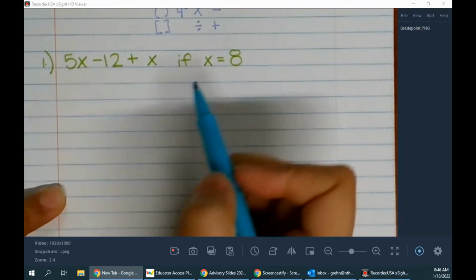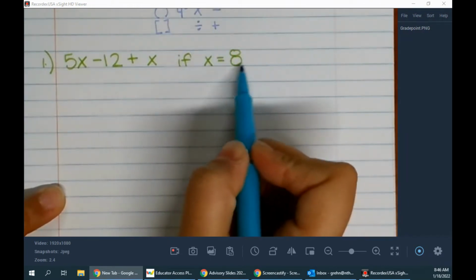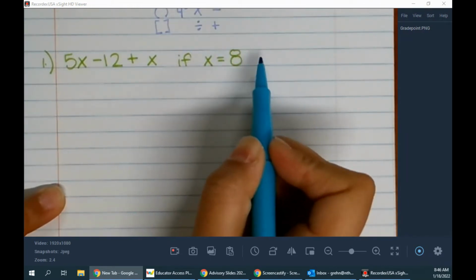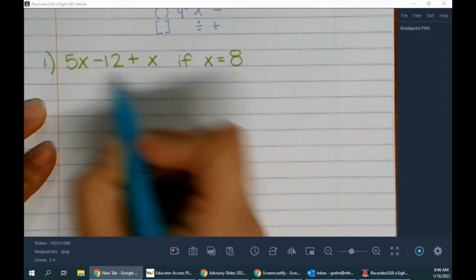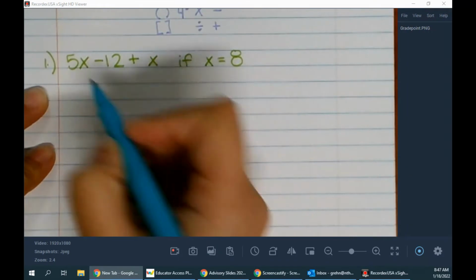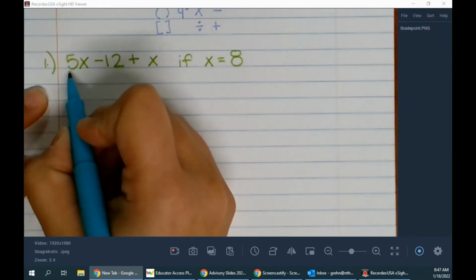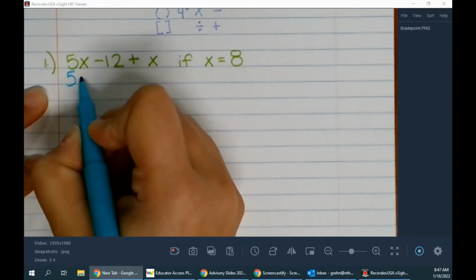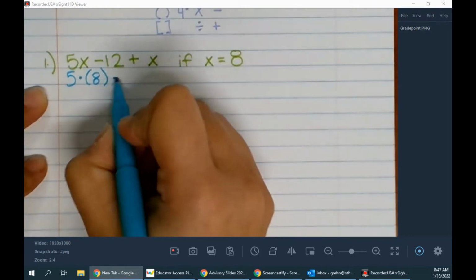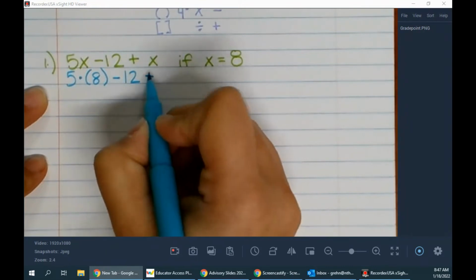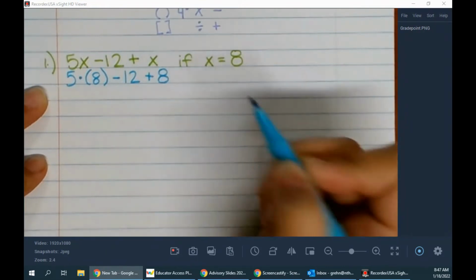The only difference is the first step, you need to replace the variable with its value. So I'm going to take 8 and plug it in wherever I see an x. Remember 5x means 5 times x. So I'm going to think of this as 5 times 8 minus 12 plus 8.